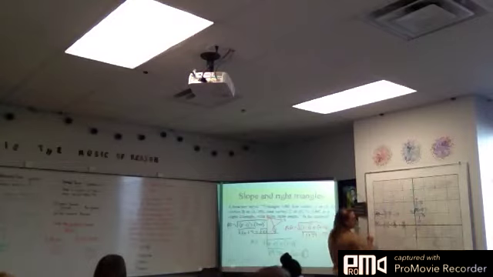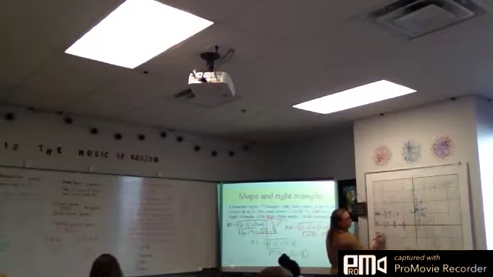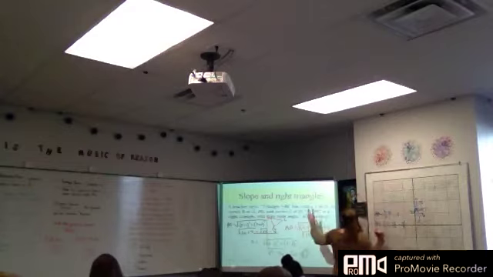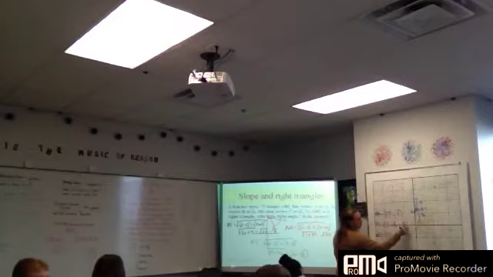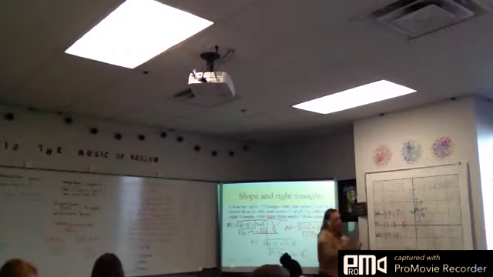And if I do BC, I have 7 minus 10 over 5 minus 1, which gives me negative 3 over 4. Okay, so you have negative 7, you have 4/3, you have negative 3/4.